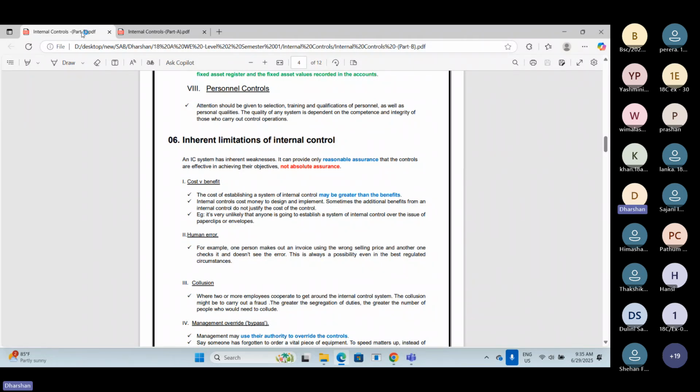So likewise, there are some reasons why we can't give absolute assurance on the internal control effectiveness.